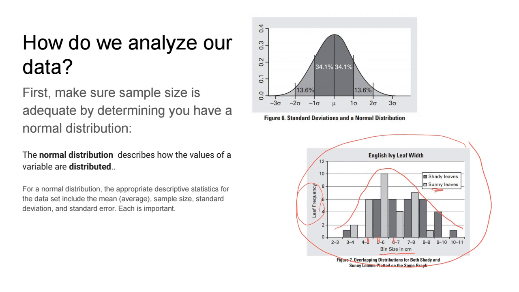Around here, most of the plants are around this size. She has a lot of plants this size, and then it tapers off on the edges. That's good, because think about it in a different way. If we're looking at the height of humans, for males, let's say 5'9".